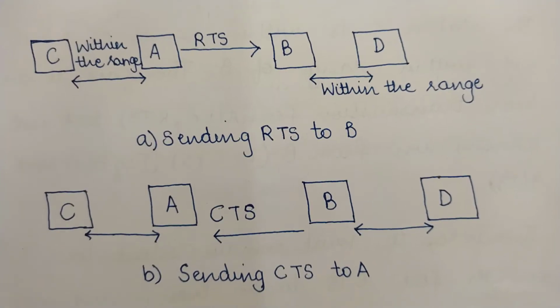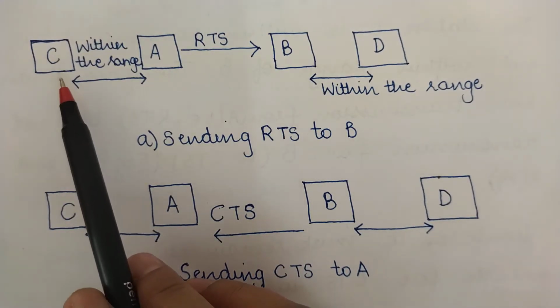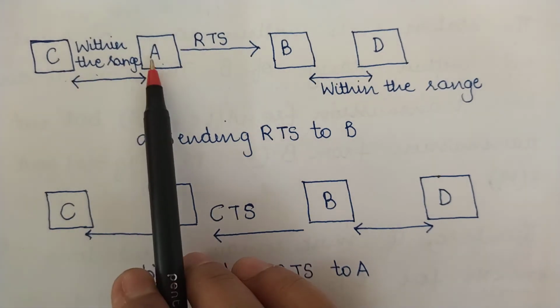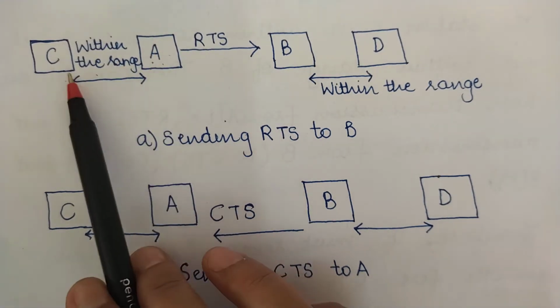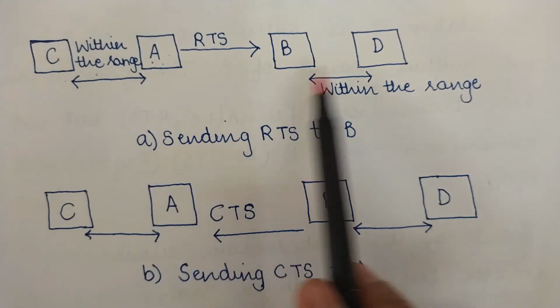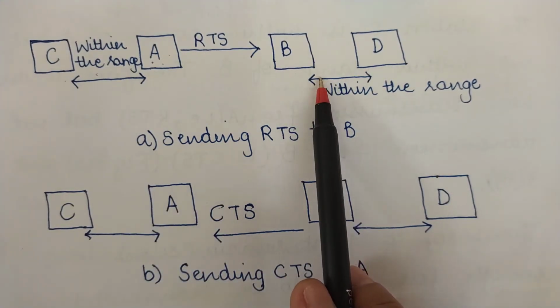With the help of this diagram, we can see that node C is within the range of node A, and vice versa. That means nodes A and C are within the transmission range of each other, and nodes B and D are within the transmission range of each other.